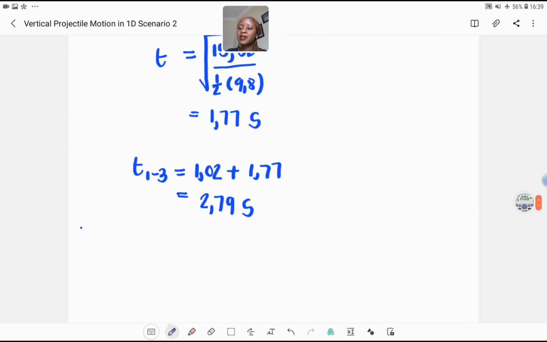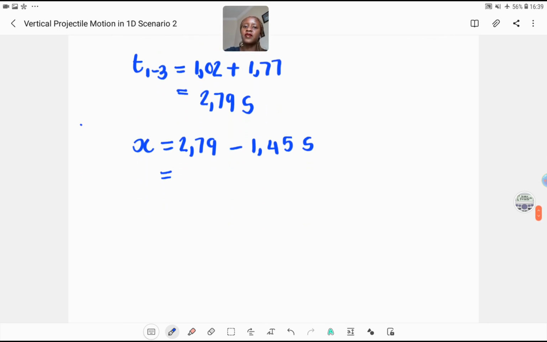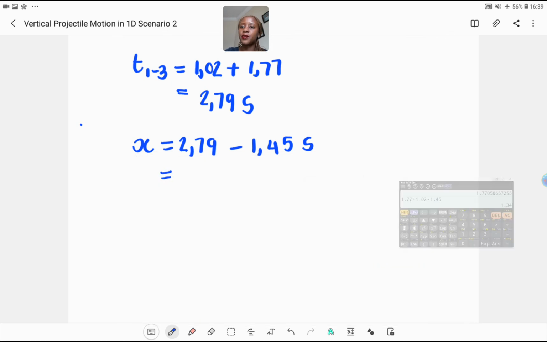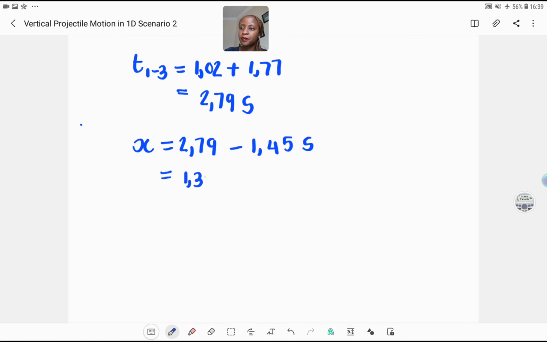So ultimately x is equal to 2.79 minus 1.45 seconds. And then our final answer is 1.34 seconds. Okay, awesome.